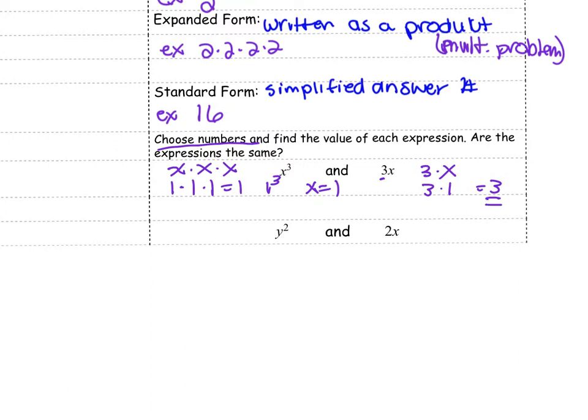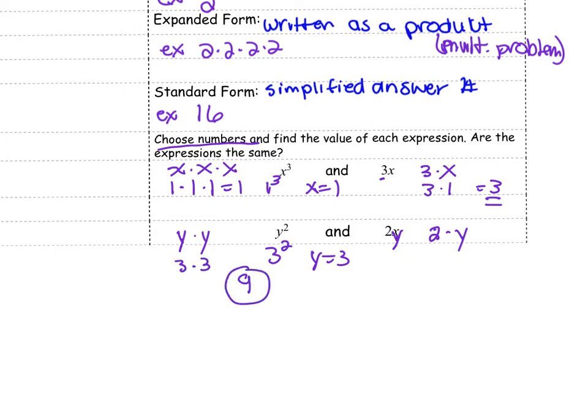So just like y squared means y times y, or 2 times y. Oh, this is supposed to be a y, sorry. So if you choose any number but 2 in this case, so if we use y is 3, this would mean 3 squared, which is 3 times 3, which is 9.